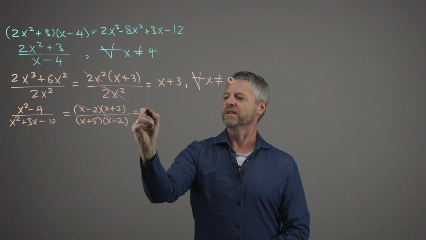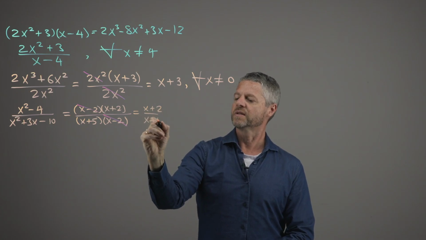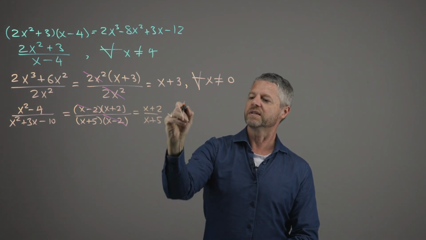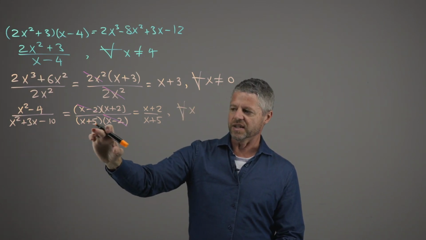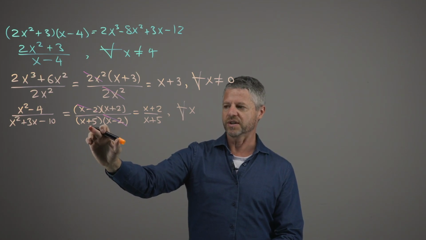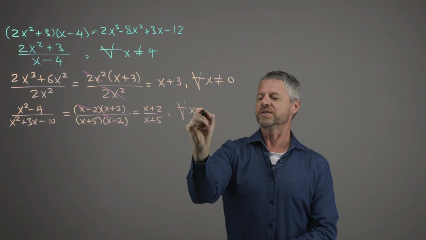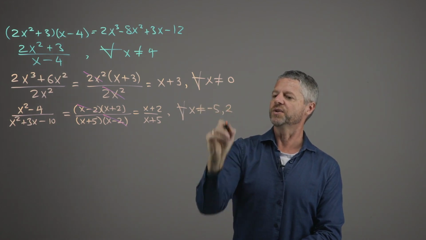I end up with x plus 2 over x plus 5, but this is only valid for x's where the denominator is not equal to 0. So I'm not going to be able to use x equal to minus 5 or x equal to plus 2.